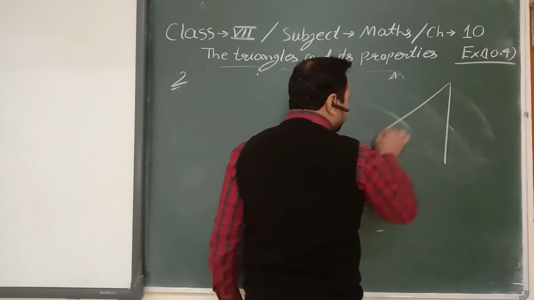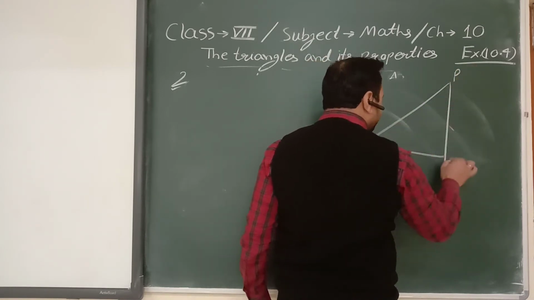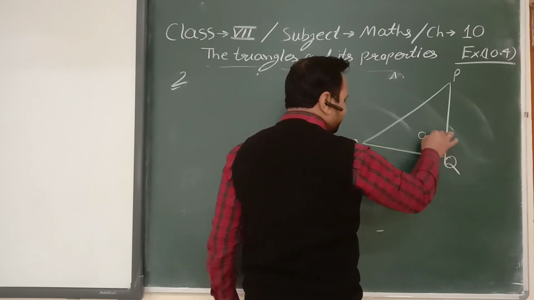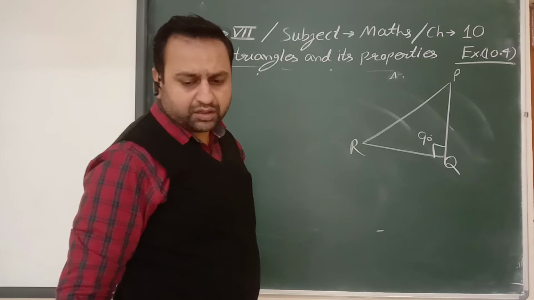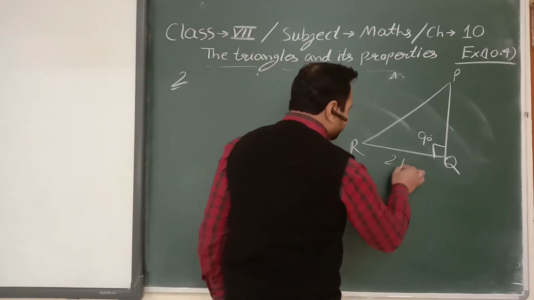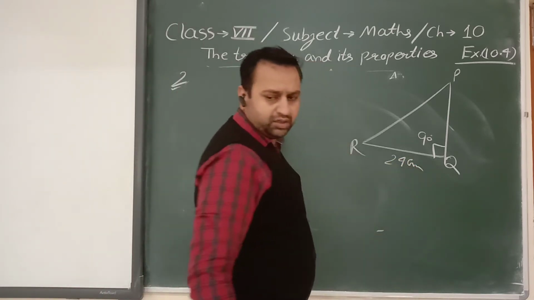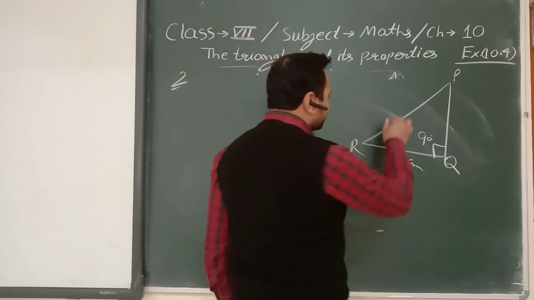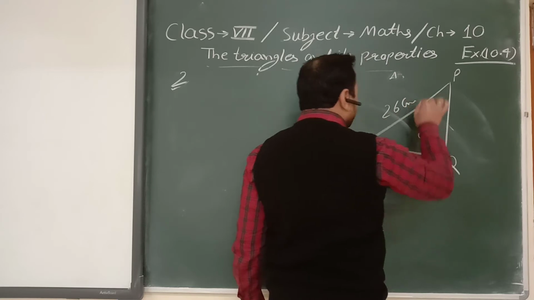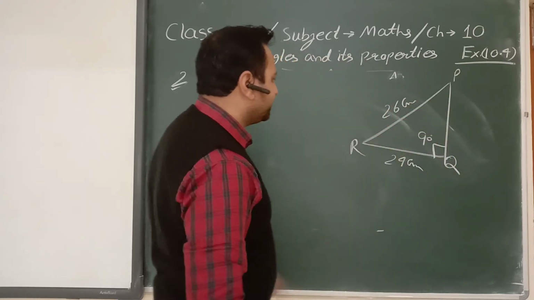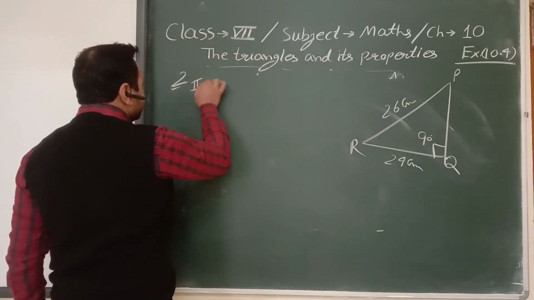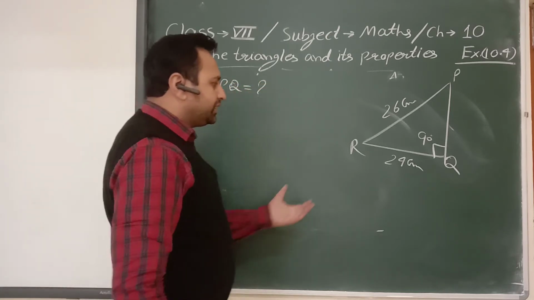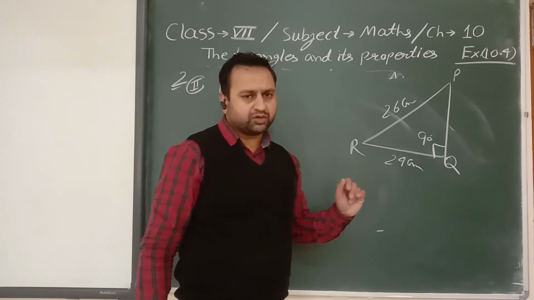First we draw the figure of triangle PQR in which angle Q is 90 degrees, and in which QR is 24 centimeter and PR is 26 centimeter. And in this question the unknown side is PQ. So we have to calculate the value of PQ. Again, it is a right angle triangle, so we can use the Pythagoras theorem.